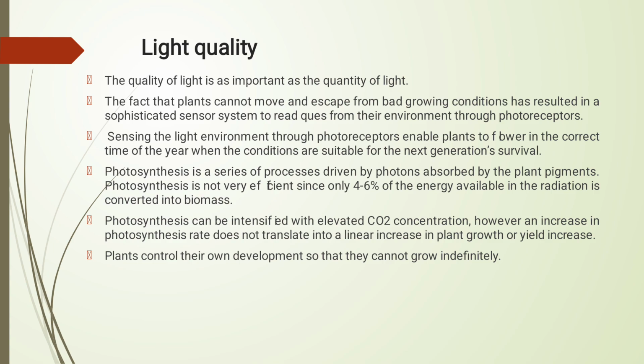Photosynthesis means a series of processes driven by photons absorbed by the plant pigment. Photosynthesis is not very efficient, since only 4 to 6% of the energy available in the radiation is converted into biomass. Photosynthesis can be intensified with elevated CO2 concentration.